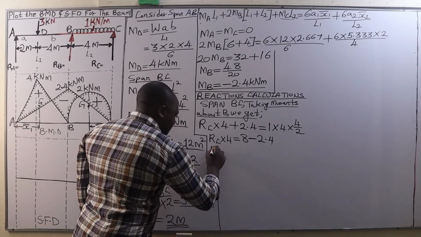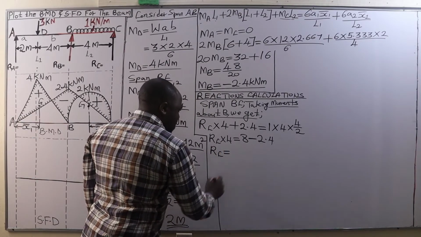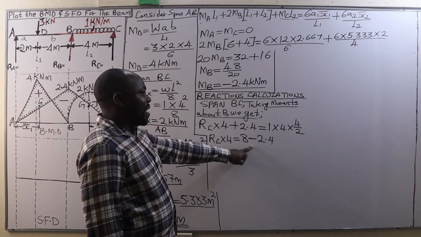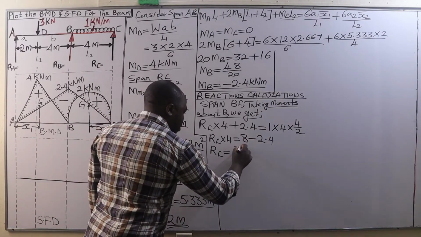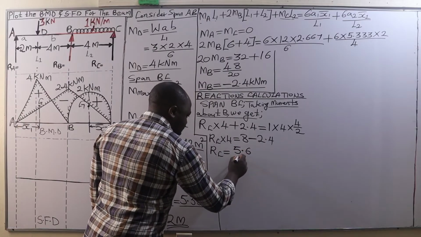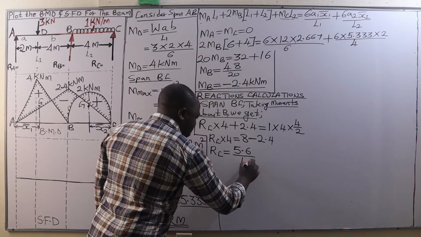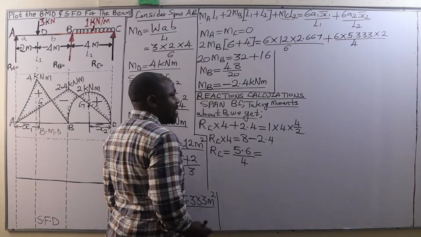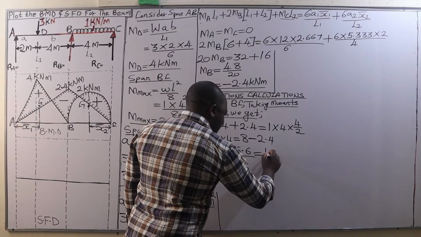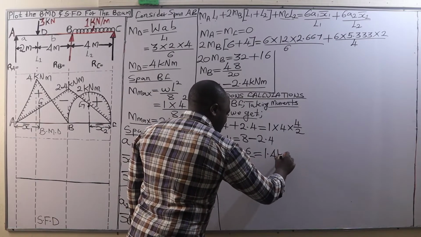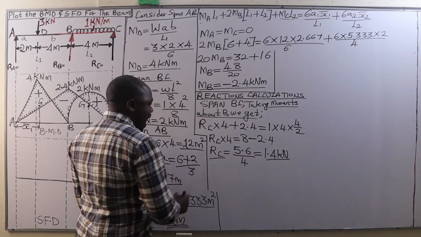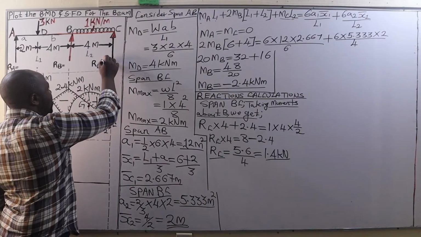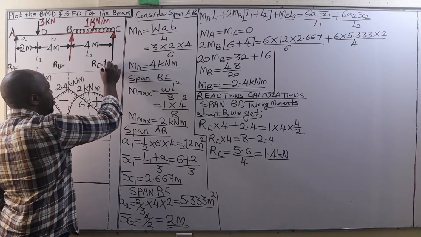And therefore, the reaction at C is going to be equal to 8 minus 2.4, which is 5.6. And then we divide by 4, and RC is going to give us 1.4 kilonewtons. So that is the reaction at C, 1.4 kilonewtons.